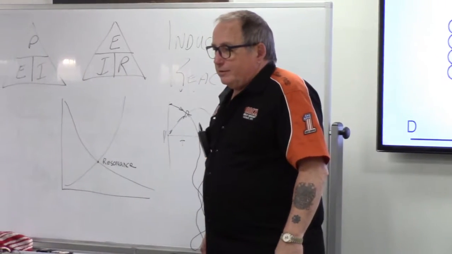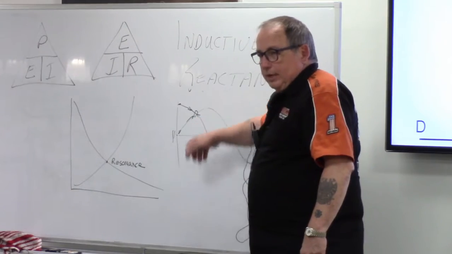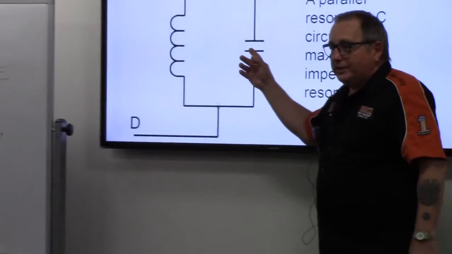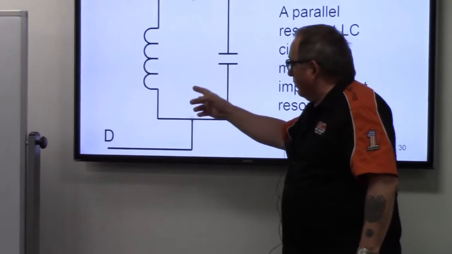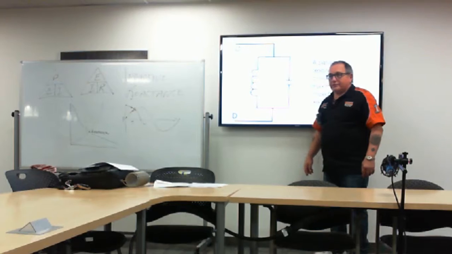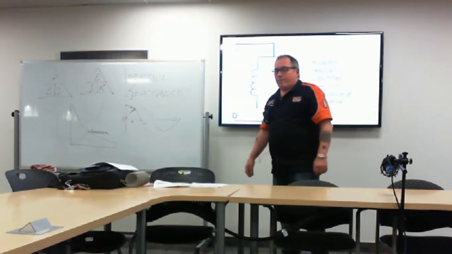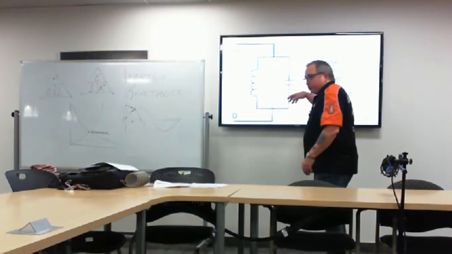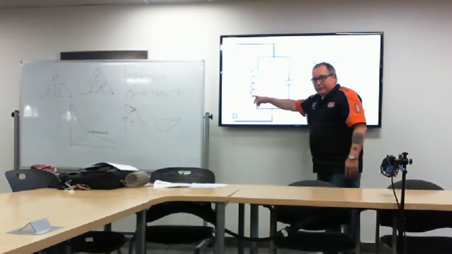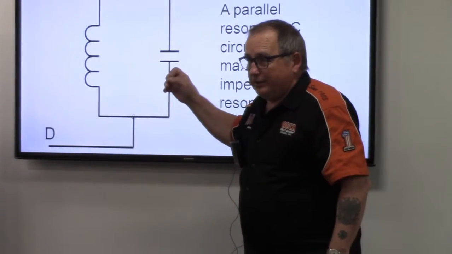I'm altering the frequency, and I can do that because in this one the current is leading the voltage, and in this one the current is lagging the voltage. If you have control over one, you can set them up, and by changing this, you change the frequency at which it can happen.